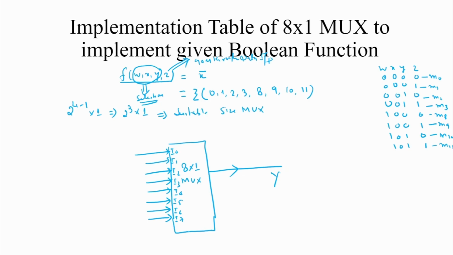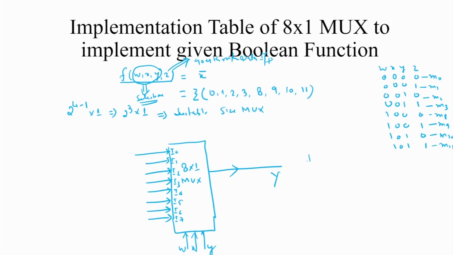lines. So, what are the selection lines here? The selection lines are W, X, Y, and the variable Z, the least significant variable, goes through the data line. Then we make the implementation table.